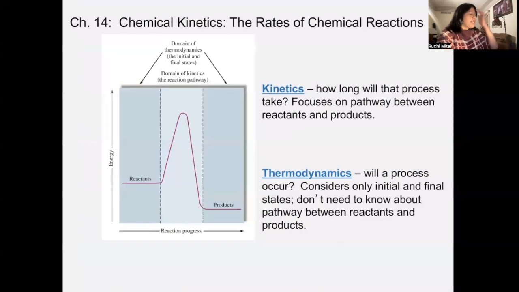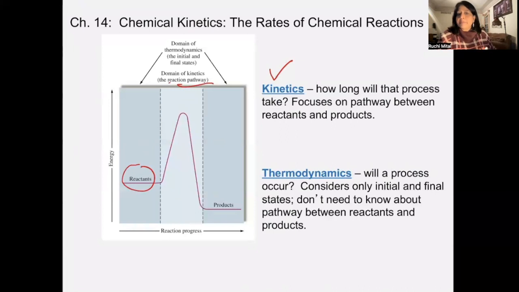So it is important to understand over here the difference between kinetics and thermodynamics. What we are going to focus on is kinetics, and kinetics is going to help us understand how long the process will take. That also depends on the pathways, right? So kinetics is going to look at the pathways, how a reactant is going to take different steps to go to the product.